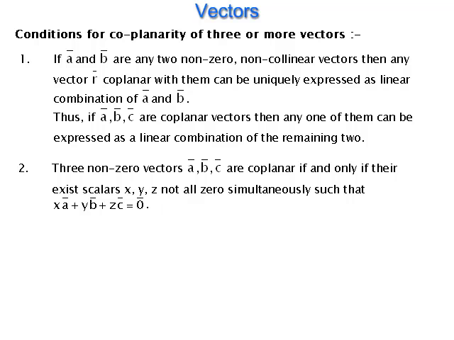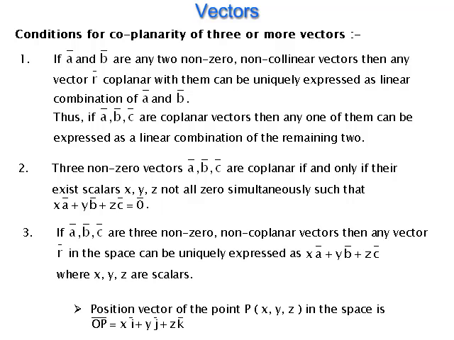Number 2. Three non-zero vectors a bar, b bar, c bar are coplanar if and only if there exist scalars x, y, z, not all zero simultaneously, such that x a bar plus y b bar plus z c bar equal to 0 bar.